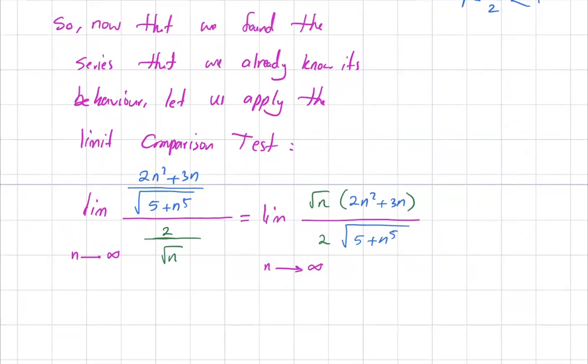You can divide everything by n to the 5th, or intuitively you can say that, hey, this is basically the same as the limit of 2n squared times square root of n divided by 2 times square root of n to the 5th, but this is nothing but 1 because everything gets cancelled out, 2 and 2, and these are the same, so this limit is equal to 1.